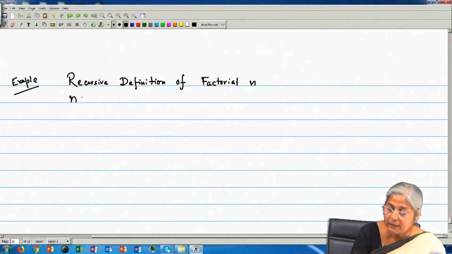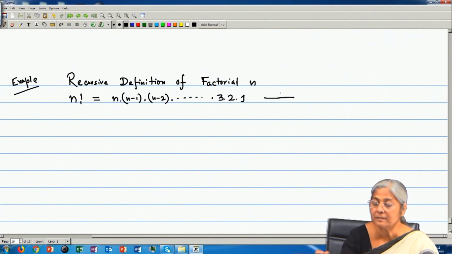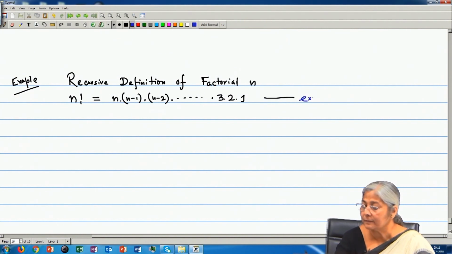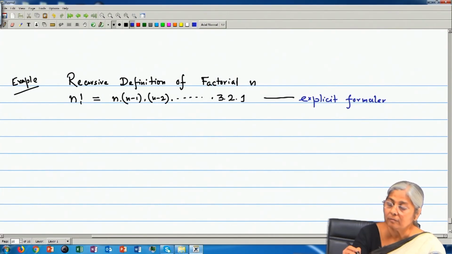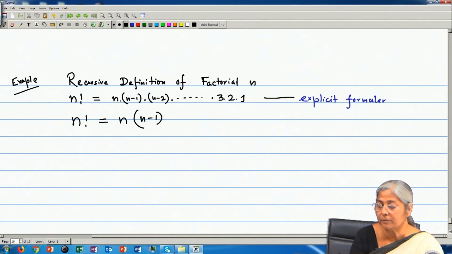We know that n factorial is n into n minus 1, n minus 2, down to 3, 2, 1. So, this is my explicit formula for factorial n. Now, we can easily define this thing, that n factorial is n into n minus 1 factorial.